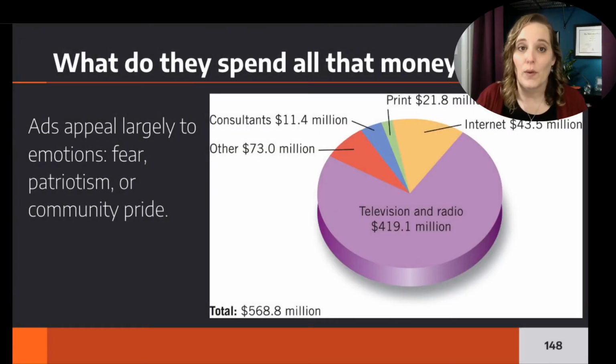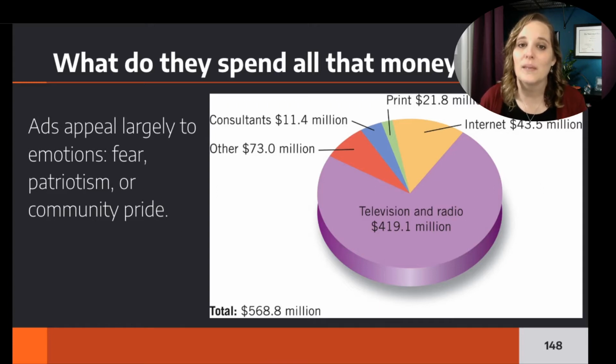The next question we want to ask is, what do campaigns and candidates spend all that money on? $11 billion was spent in 2020. Where did all that money go? Typically, most of that money goes into television and radio ads. However, more and more candidates are spending on internet and social media ads as well.